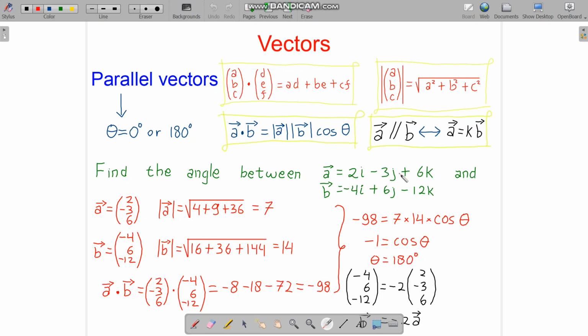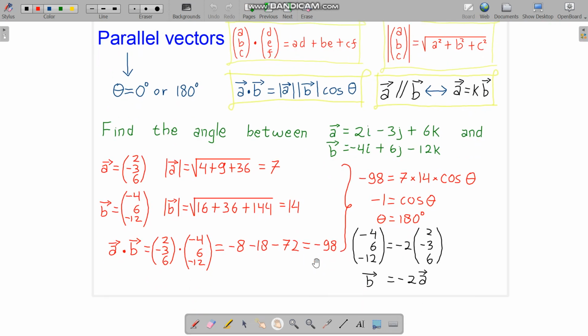We have (2, minus 3, 6), we use this formula. And b is (minus 4, 6, minus 12), you can find the magnitude. And a dot b equals 2 times minus 4, minus 3 times 6, 6 times minus 12. We have a dot b, and we use this formula now. a dot b equals the magnitude of a, magnitude of b, cos theta, so we can find theta.